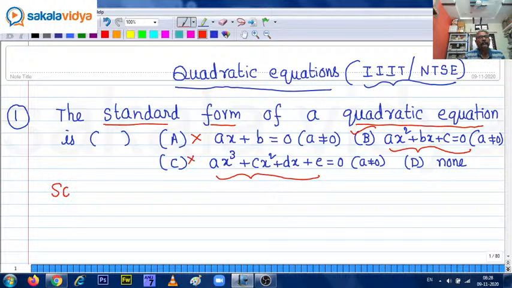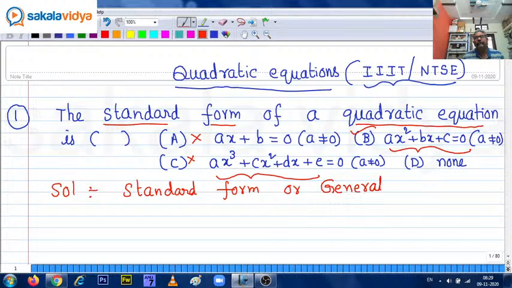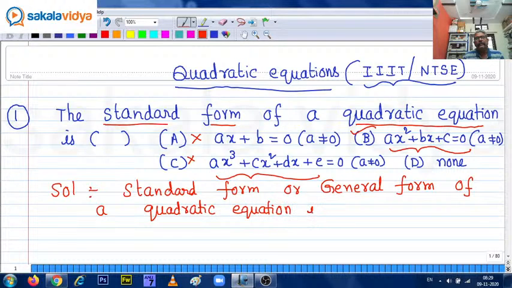Now write down the solution. The standard form, or general form, of a quadratic equation is ax square plus bx plus c equals 0, with the condition that a is not equal to 0.